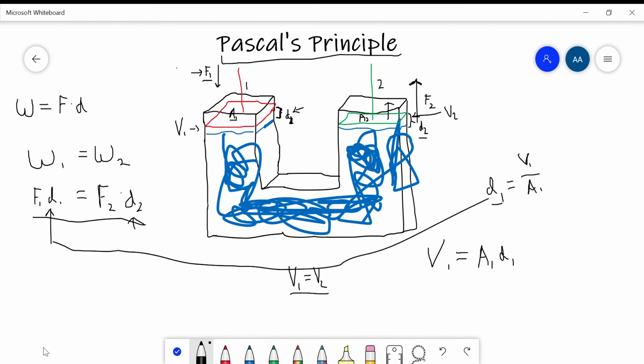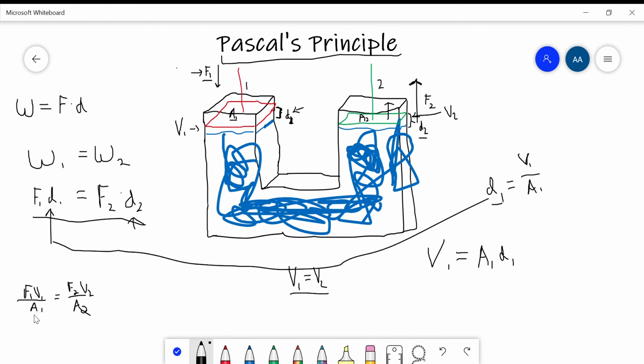And then from here, we can get Pascal's principle pretty simply. We're going to have F1 times V1 over A1 is equal to F2 times V2 over A2.